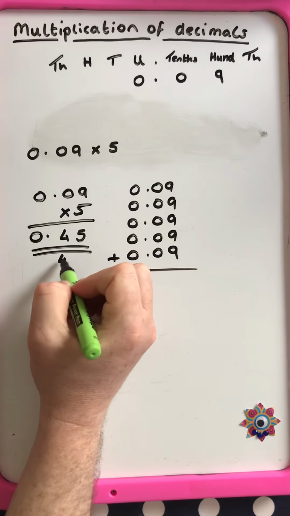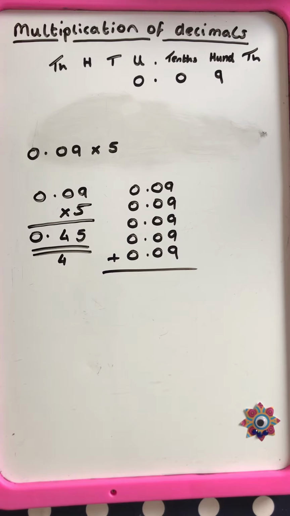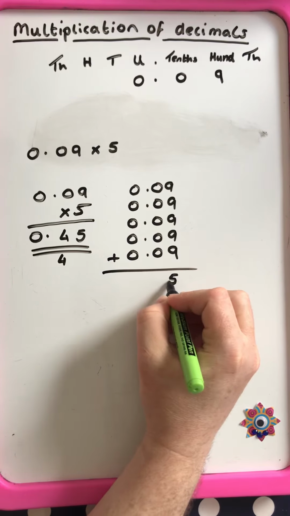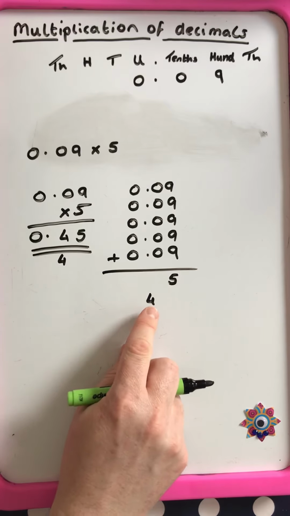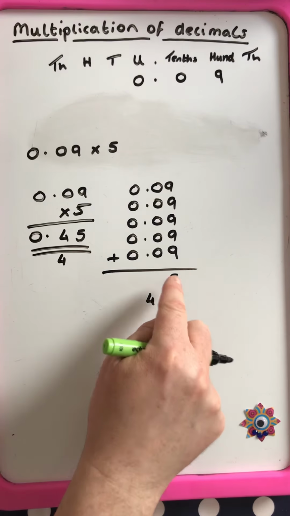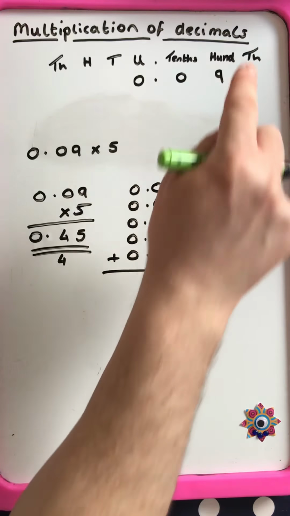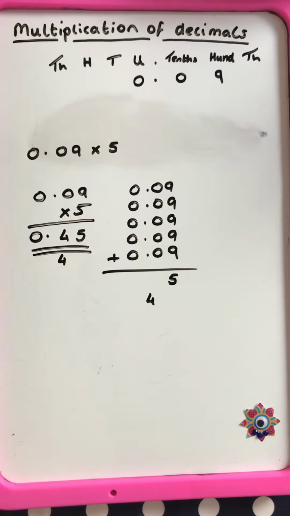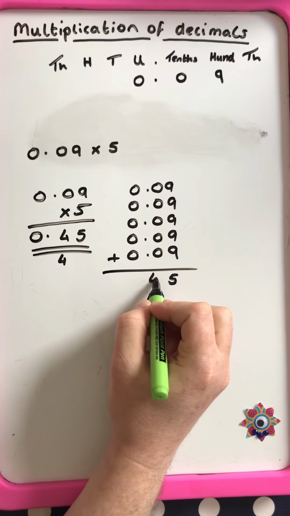So it's the same 45, but it's not 4 tens and 5 ones. We have to think about it as 4 tenths and 5 hundredths.